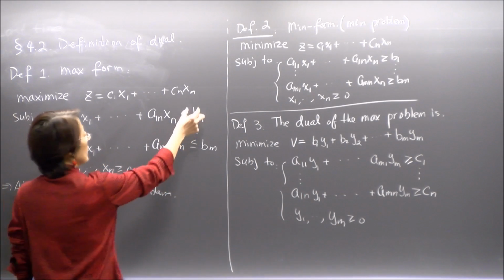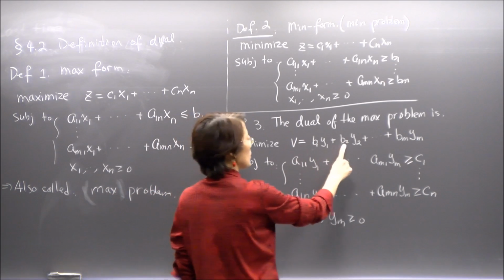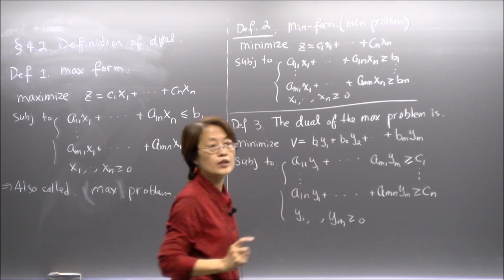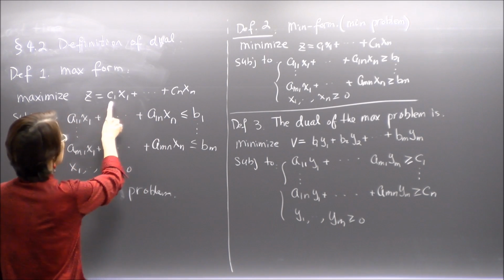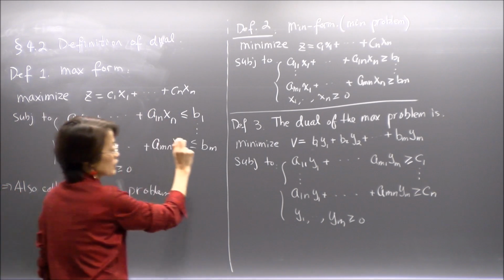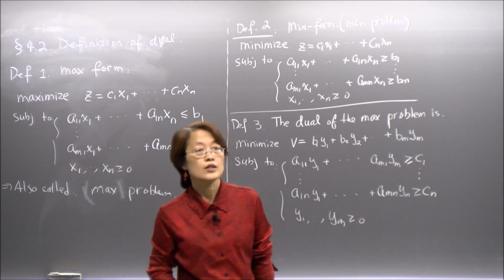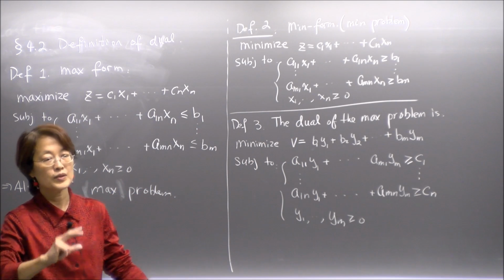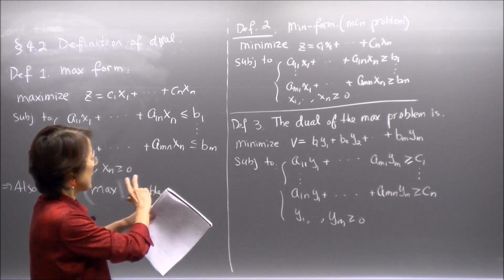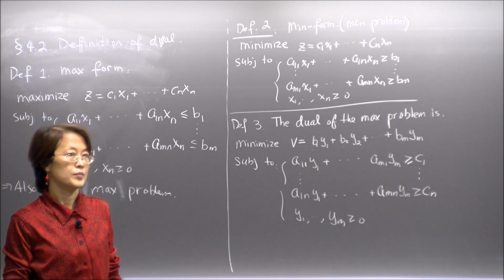And the right-hand side, the constant vector, now appears as coefficients in front of the y's in the objective function. And the coefficients in the old objective function now appear as the constants on the right-hand side. Is that clear? You just do that and you form a new problem. This is what we define to be the dual of the max problem.